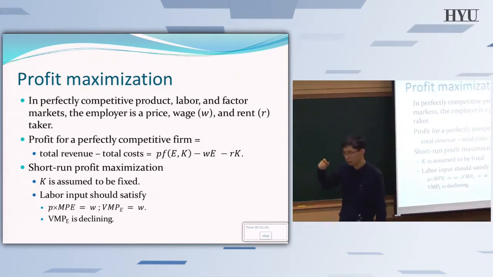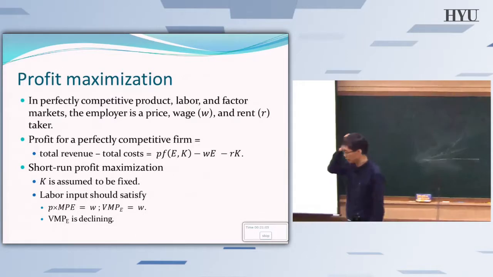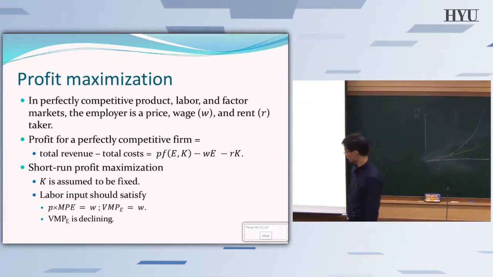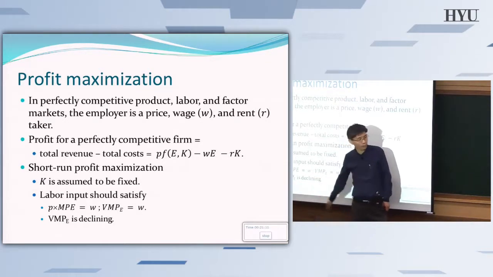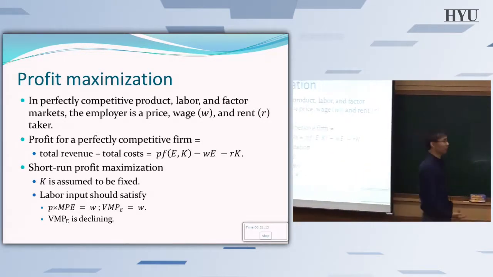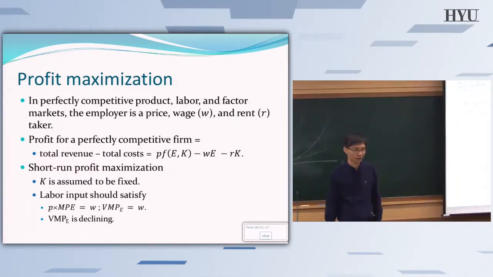Because they will produce more and more for the same cost, okay? So that cannot be the case. So VMP must be declining, okay? If the marginal product of labor is increasing, that should mean that all the producers should be very big, right? Think about it.